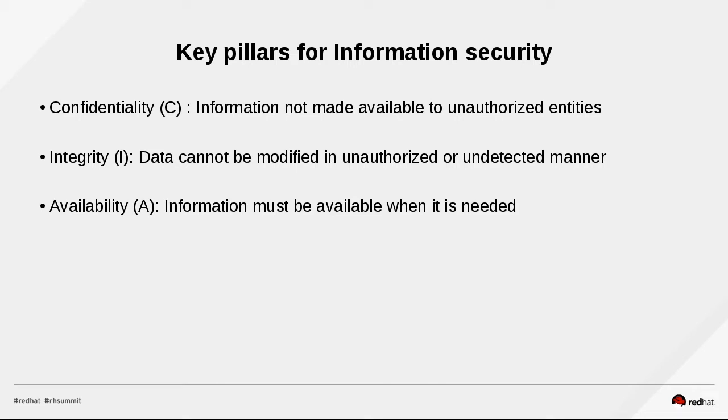That information is not made available to unauthorized entities. That's confidentiality. Data cannot be modified in an unauthorized or undetected manner, whether it is at rest or in transit. And finally, that information must be available when it is needed, provided that the first 2 are satisfied. If you are authorized to access the information, you should be able to access it when you want.